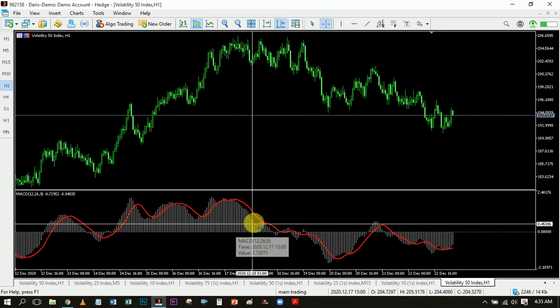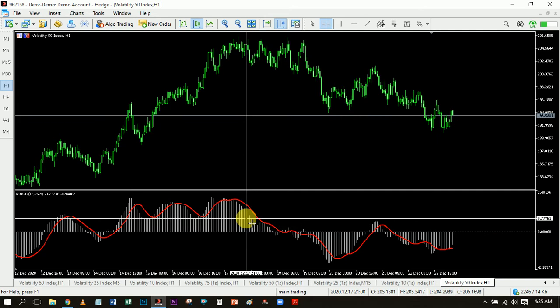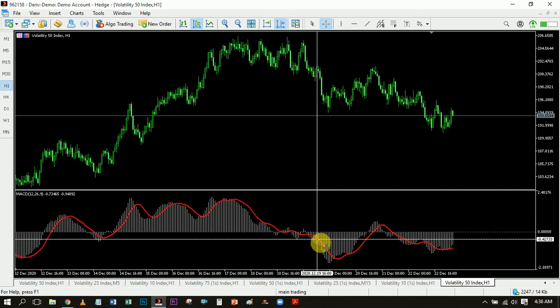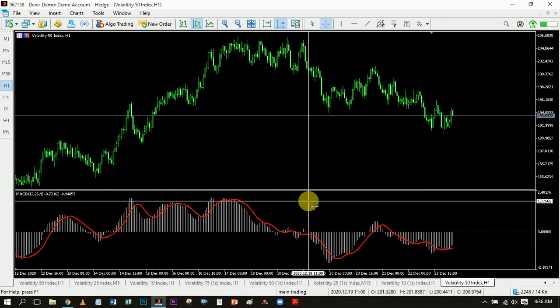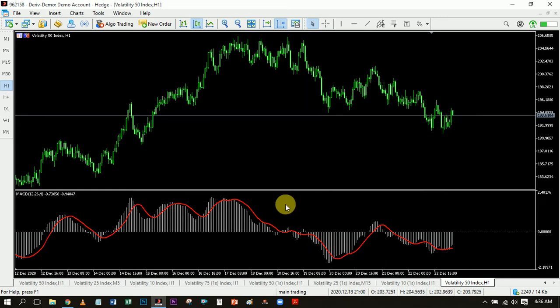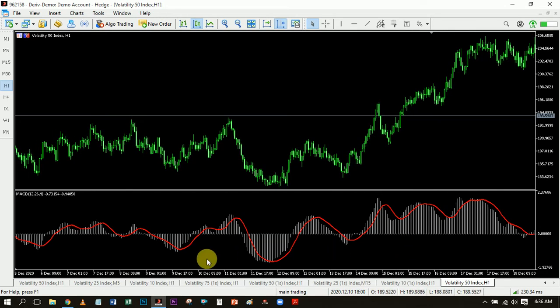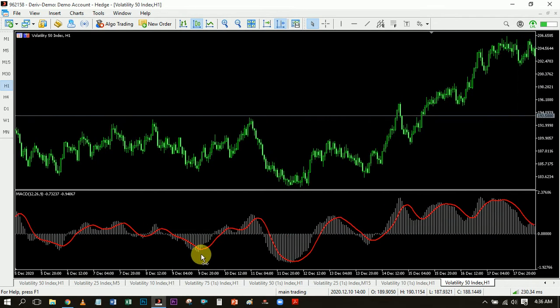Then you only start considering a sell signal when the market has crossed below the zero line. So it's very essential that you understand this, so that you don't get caught up in making unnecessary losses. So that is number one.